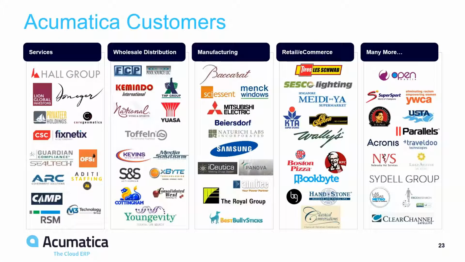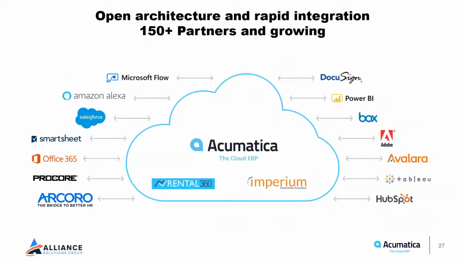If we have that many customers, you see they're across different industries. Really big name companies have made a move over to the Acumatica platform. The beauty of the platform being open is that it has a rapidly growing group of development partners.